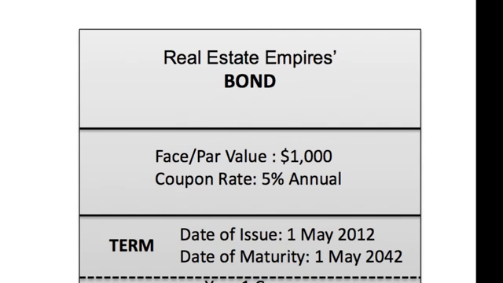Then whenever the bond becomes mature on that 1 May 2042, Real Estate Empires is going to have to pay Jesse his $1,000 back that he initially purchased the bond for. So in between those 30 years, Jesse's collecting his interest on his $1,000 investment.